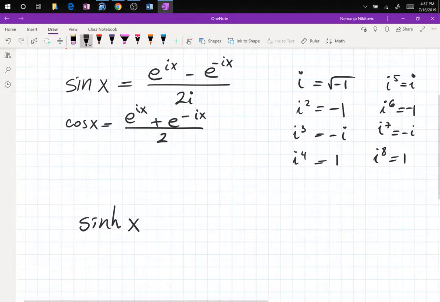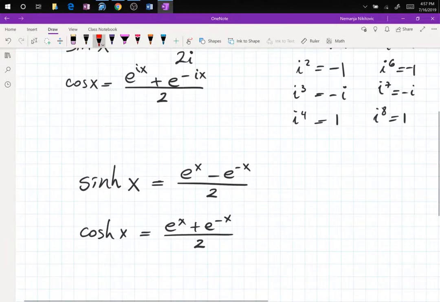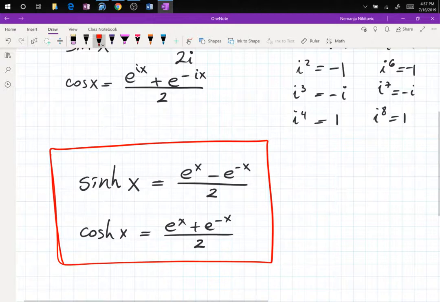So sine hyperbolic x is defined as e to the x minus e to the minus x over 2, and cosine hyperbolic x is e to the x plus e to the minus x over 2. So as you can see, the same without i's.